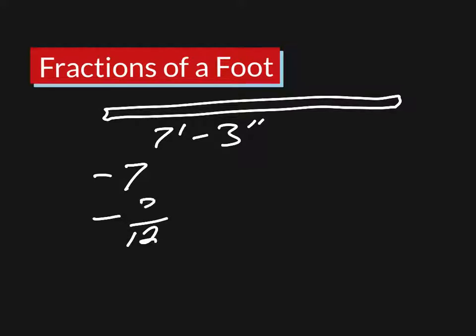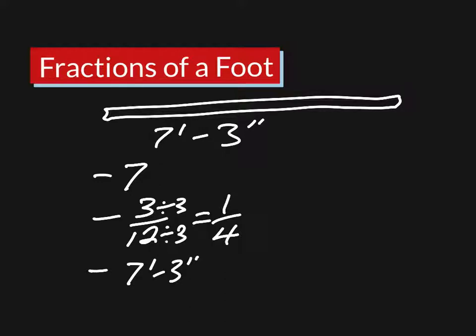And we have 3 of 12 inches. So 3 inches is 3/12 of a foot, but that will reduce. So let's divide the top and the bottom both by 3, and that gives us 1/4. So in other words, 7 feet 3 inches is the same as 7 1/4 feet.